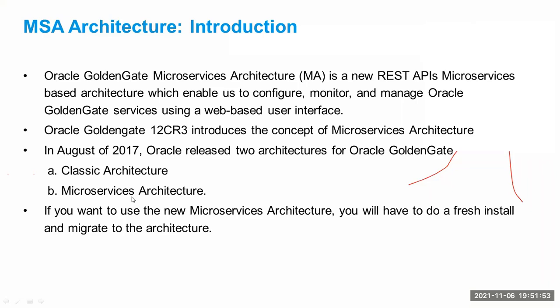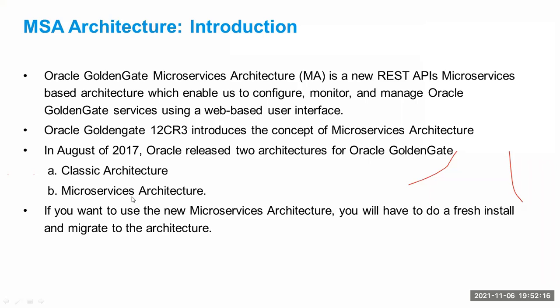Nowadays, there are a lot of short-term contracts, like 6 months or 3 months contracts, where organizations pay you handsomely and ask you to upgrade their architecture from classic architecture to microservices architecture.